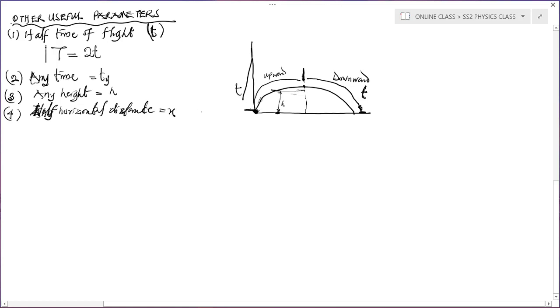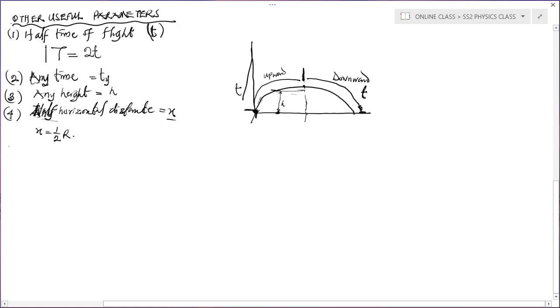That's x. So it means instead of you to move from here to here, it won't get there. And we also use this for any horizontal distance. So any or half horizontal distance is what we use for this x.